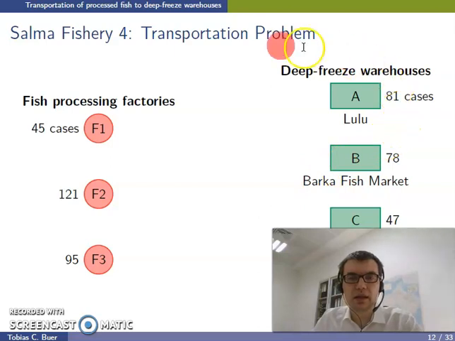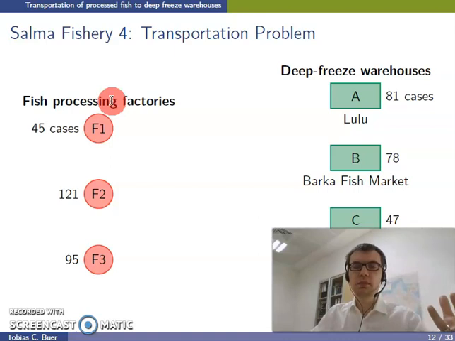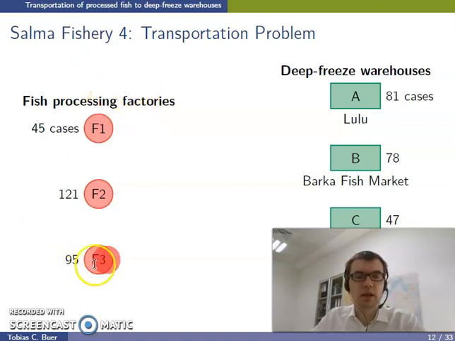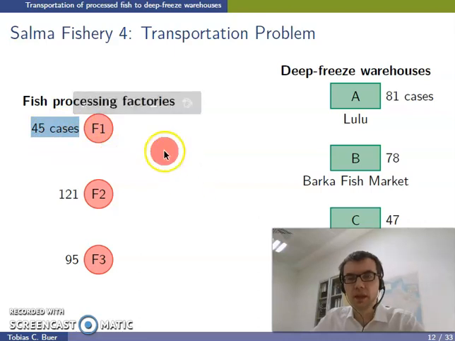Now let's try to visualize the problem. Visualizing the problem is always good to learn more about the problem, to understand its structure. On the left side, I have drawn the three factories, F1, 2 and 3, and I wrote the number of cases of fish that they produce each day.